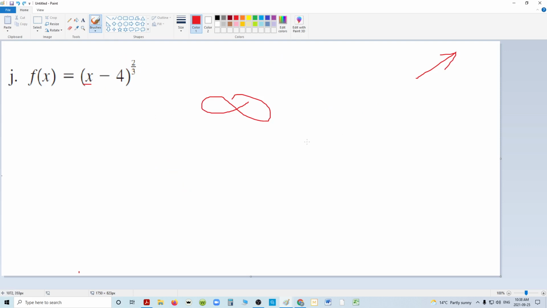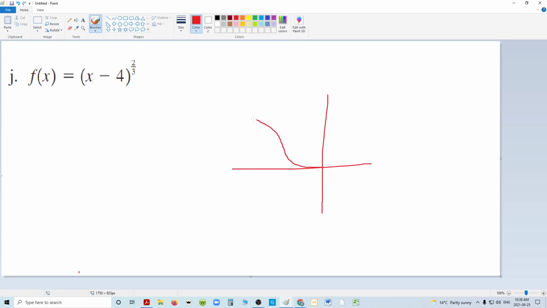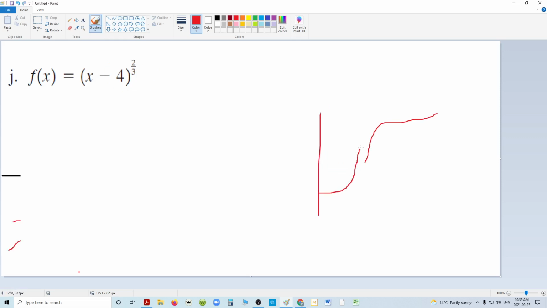So since it goes through 0, 0, we're going to have a graph that whatever happens on this side will be perfectly mirrored on this side, because it's symmetrical through 0, 0. Now that's just a guess. The other thing that's possible is it might go up and then go down, so you might have a max. Or it might go down a bit and then go up. So you might have a weird wiggle here. It might go up a little, come down, and then go up. You have to examine it a bit more, and that's where the first and second derivative come in.